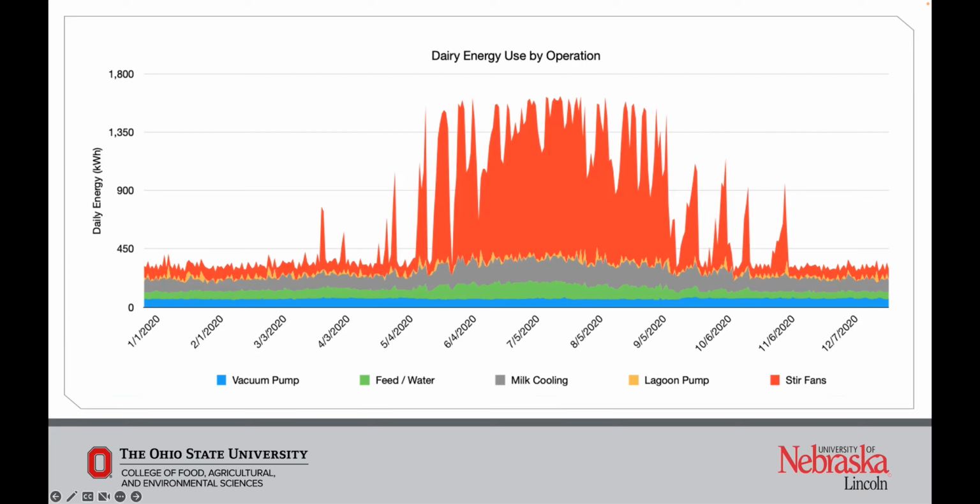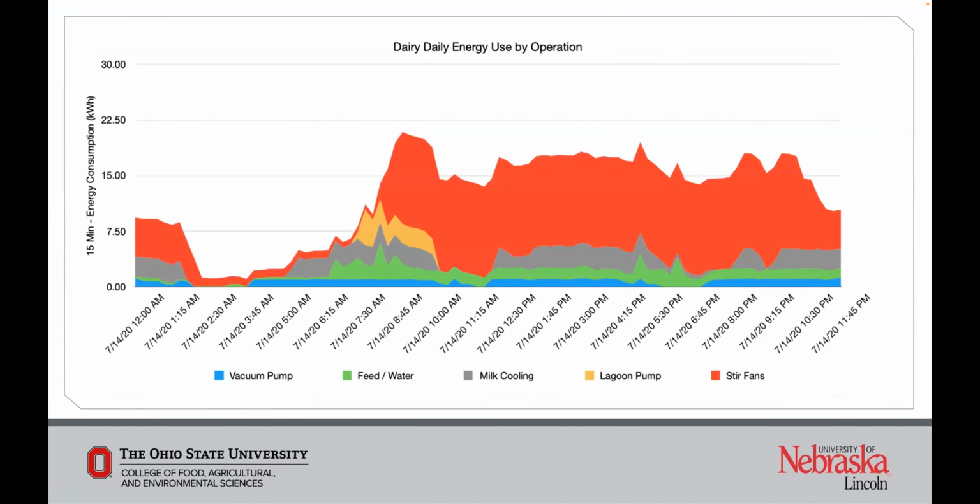So one of the things that we want to do is start high, and we're going to zoom in from this annual perspective to look at the peak week or the peak time that this farm was setting a demand. And in this instance, it was July 14th when the farm set its highest demand.